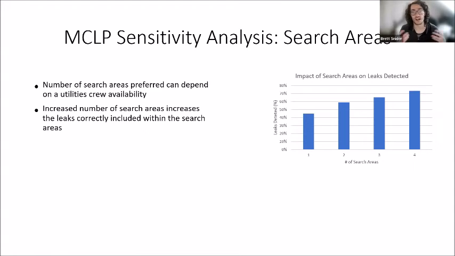This highlights the customizability of the maximum coverage location problem and how it benefits the utility, because their ability to have maybe 2 or 3 or 4 crews sent out to locate this event as quickly as possible allows them to predict more search areas. The other thing to mention here is that these search areas also have the probability of the event covered. So you can prioritize which search area you go to first if you don't have the same number of crews as search areas.